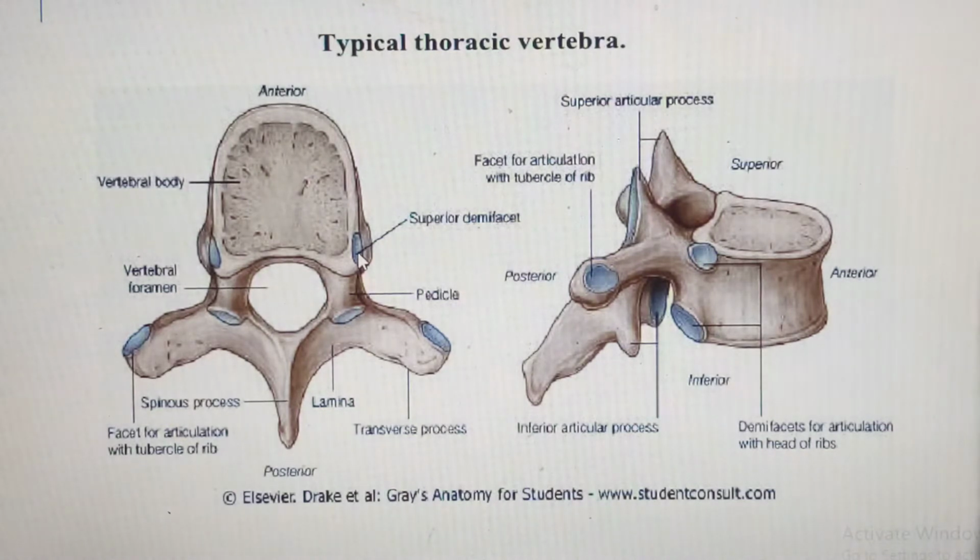What you can see is the superior articular facets. Now the key thing is that for a typical thoracic vertebra, these facets should be demi-facets, half facets. They shouldn't be full complete facets. So anytime we see that a particular thoracic vertebra has a complete facet, then we know that vertebra is atypical.